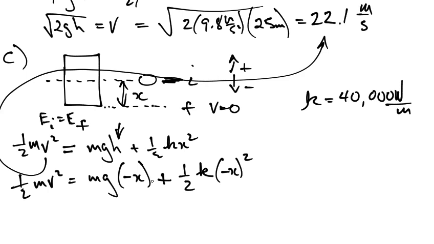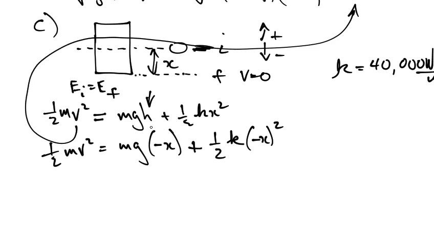So if we now solve for x, as soon as I look at this equation, I'm going to recognize that it is a quadratic. I'm going to rewrite it now, putting the square term first. 1/2 k, and negative x squared is simply going to be x squared. It doesn't matter if you square a negative value, it's going to be positive.